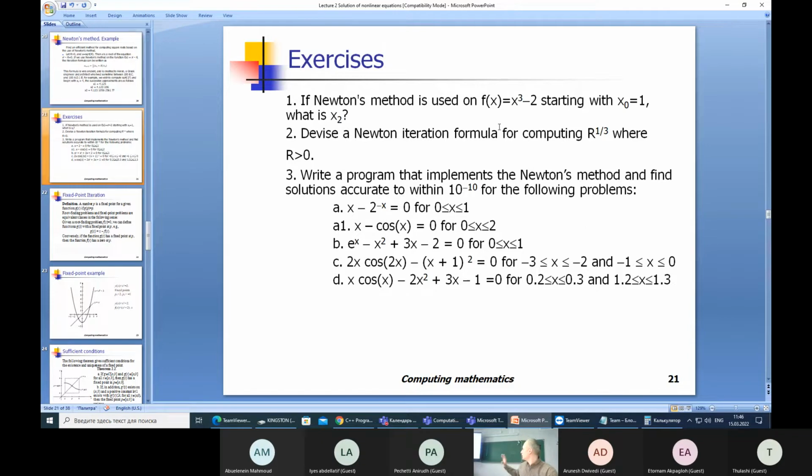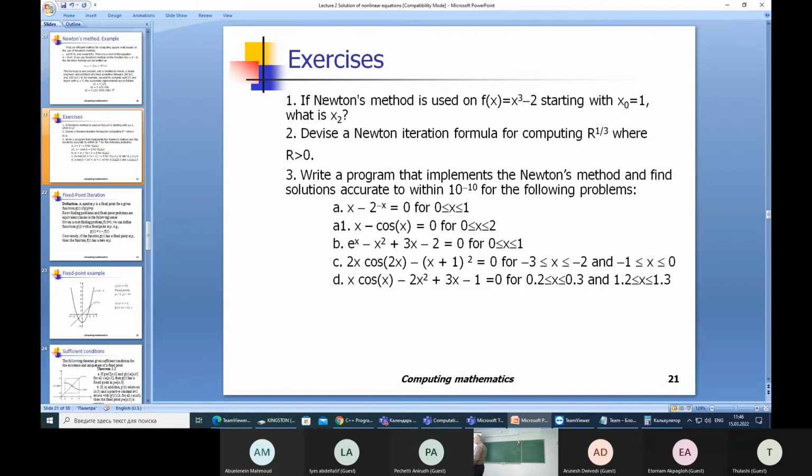Okay, finally, let's solve one more exercise. Let's consider one more example, exercise number 1.